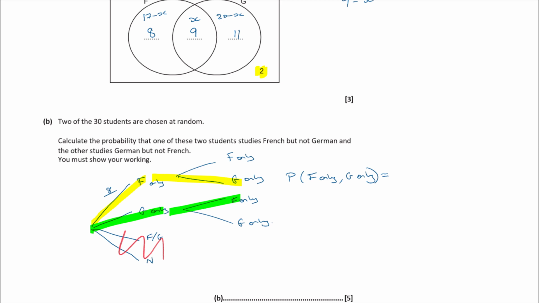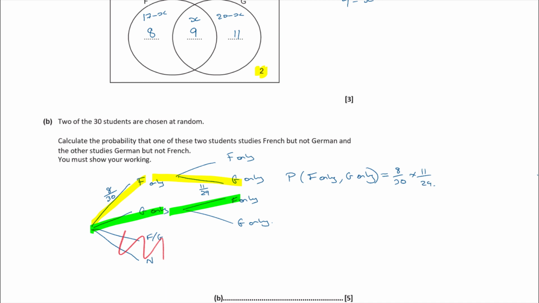So that would be 8 out of 30, wouldn't it? And then in the second selection, if I've already picked 1, I've only got 29 left to pick from. I haven't picked anyone yet from the German only region, so there must still be 11. So that would be 11 over 29.